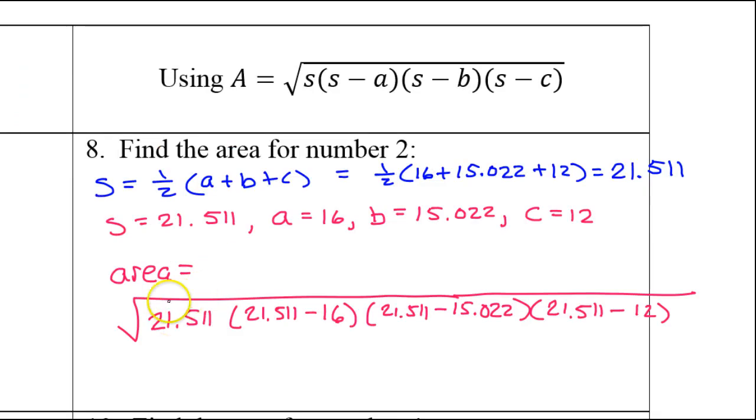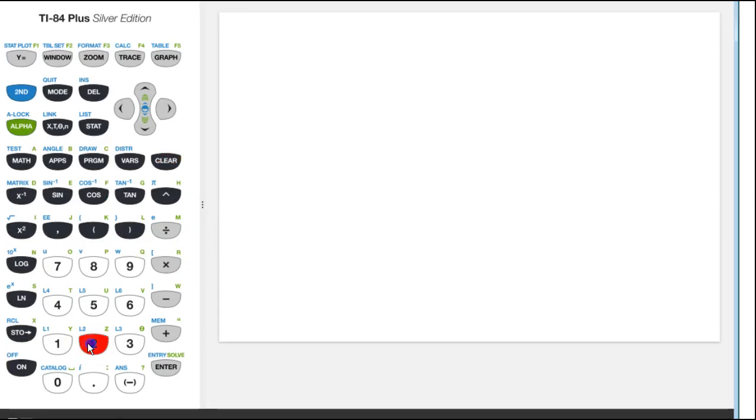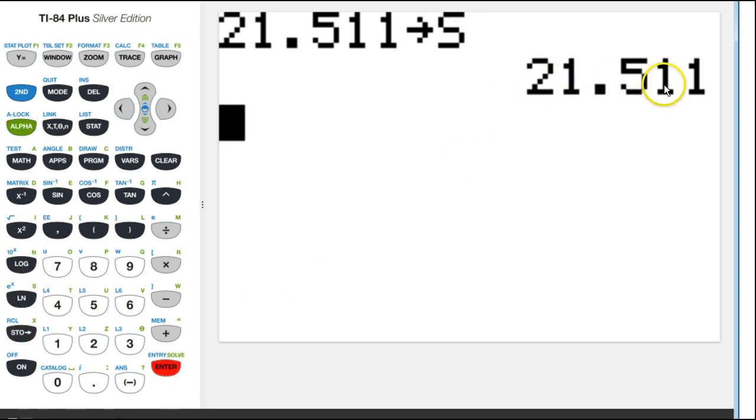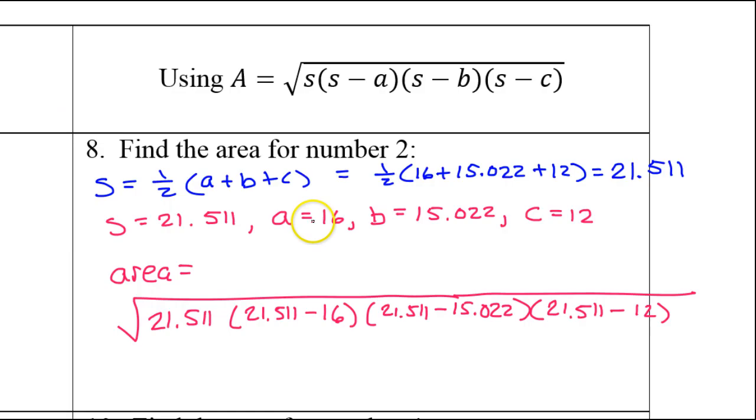So the S is 21.511. So we can type in 21.511 and we can hit the store button and we can find the letter S, which is right there. So that's alpha S, and hit enter. So now that quantity has been stored inside of variable S. And we could really go ahead and do that with all of the variables.